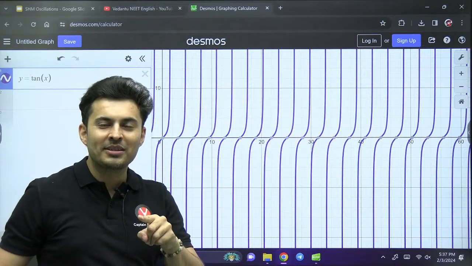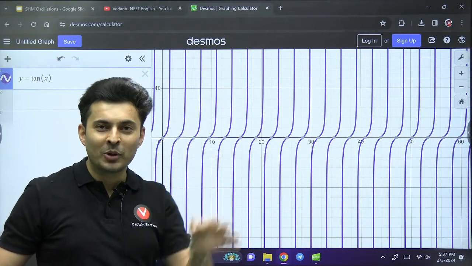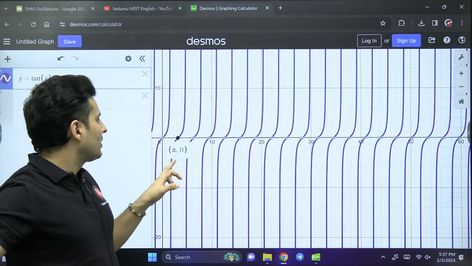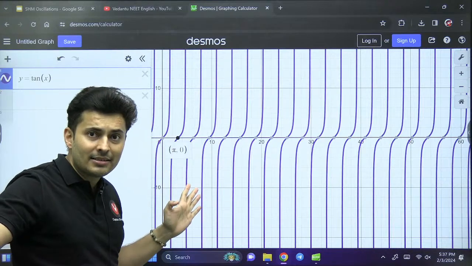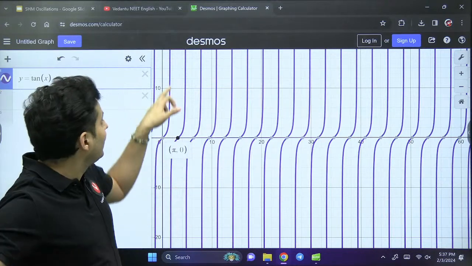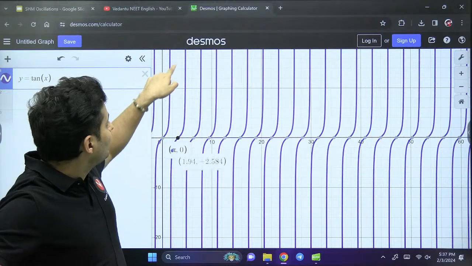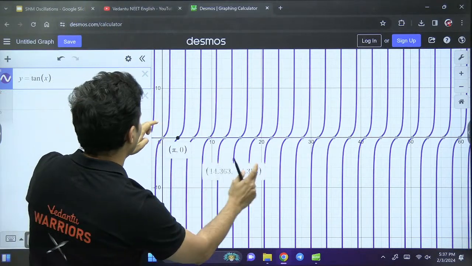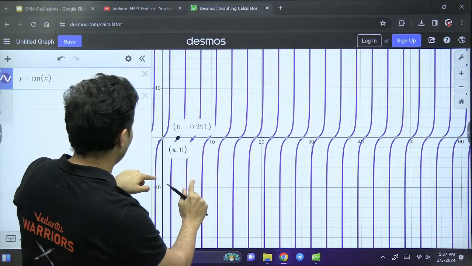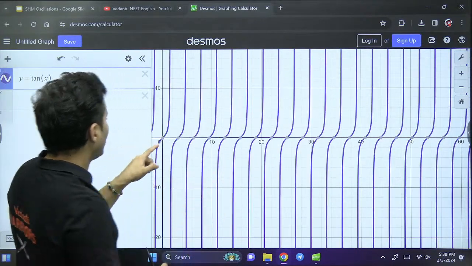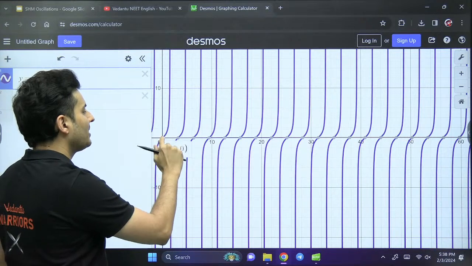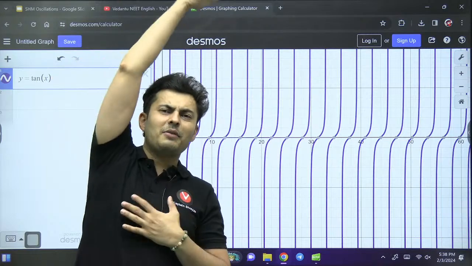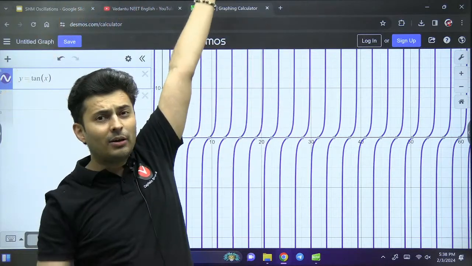You cannot use this for defining motion because when x becomes close to 90 degrees, the tan of 90 degrees becomes infinity. Look at this, I'll tell you what is happening. So when x increases, this value goes till infinity. So you are going very, very far on the positive side of the axis.